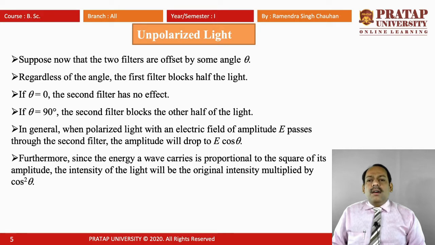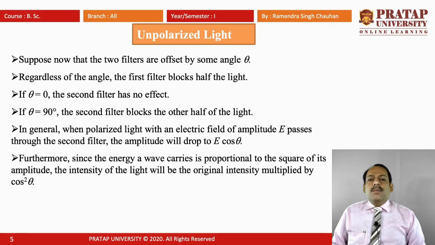then half the component is allowed to pass, and if the second filter is at an angle theta equal to 0 degrees, then the same intensity passes, because the angle is parallel to the first filter.